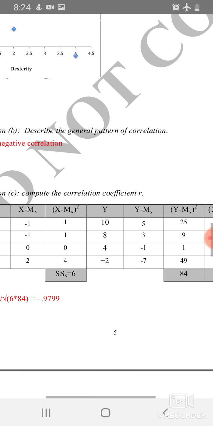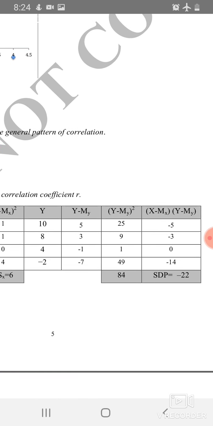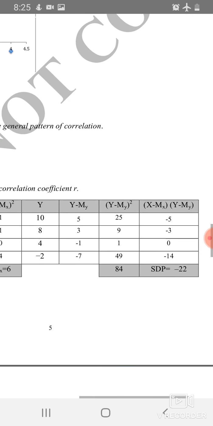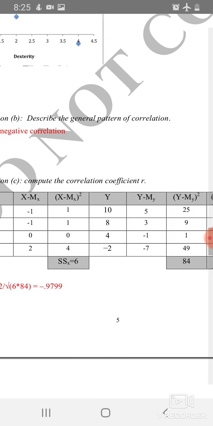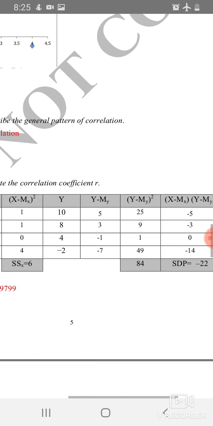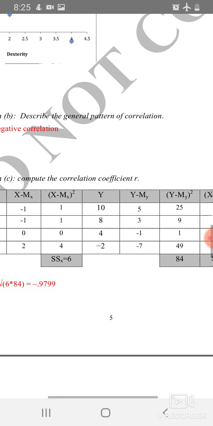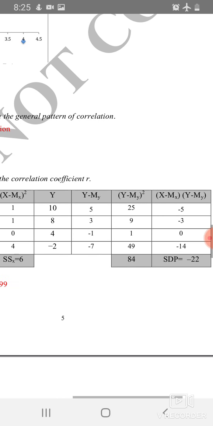So -1 times 5 is -5. -1 times 3 is -3. 0 times 1, 0 times -1 is 0. And 2 times -7 is -14. -5 plus -3 is -8, plus -14 is -22.